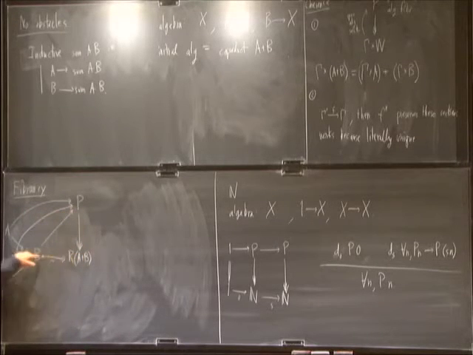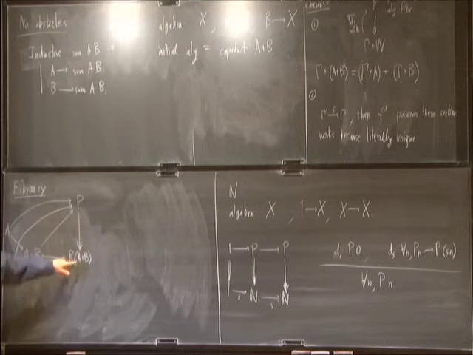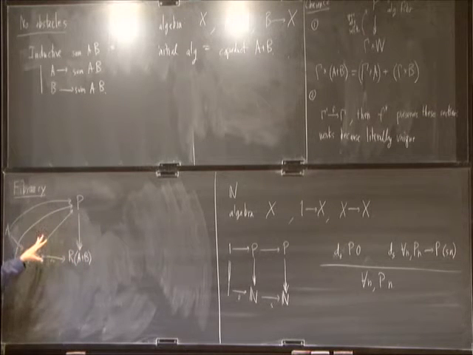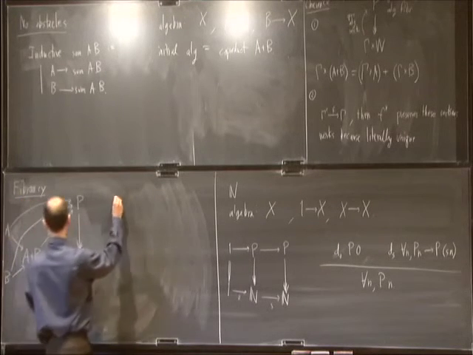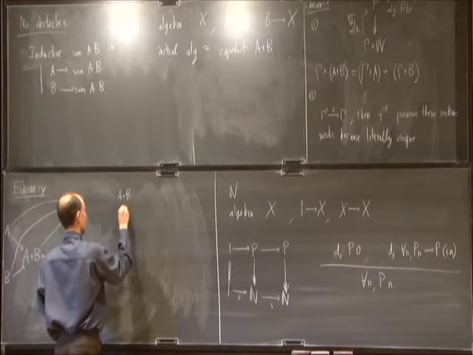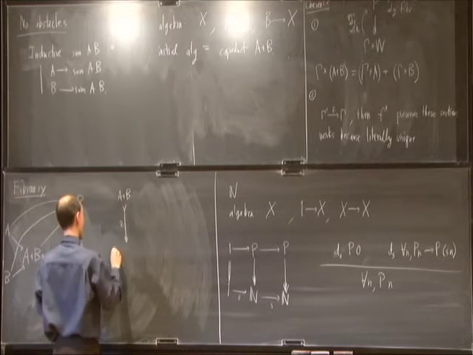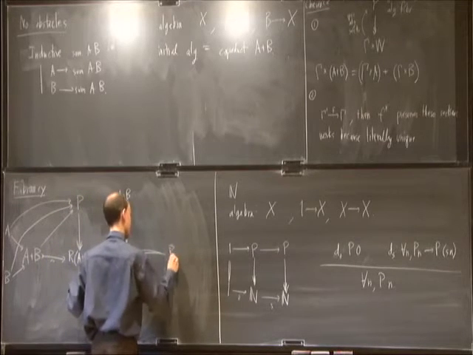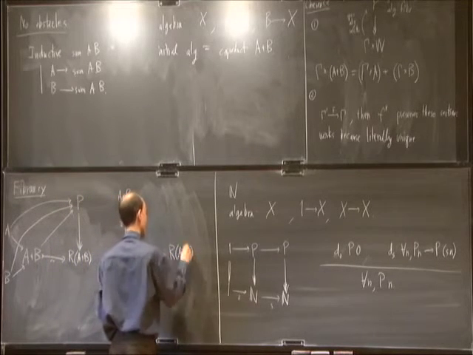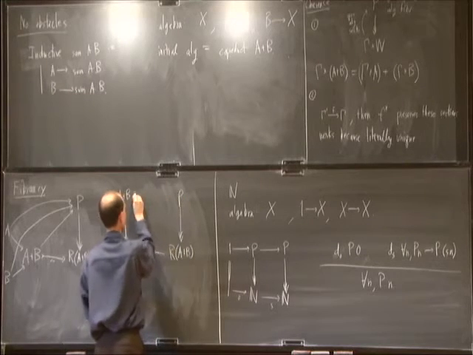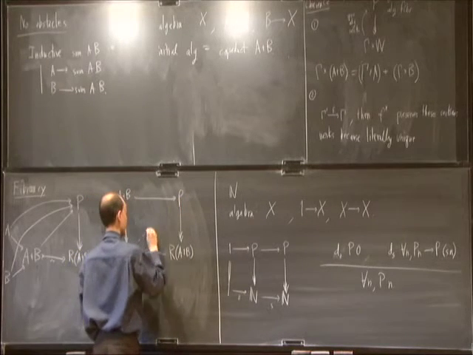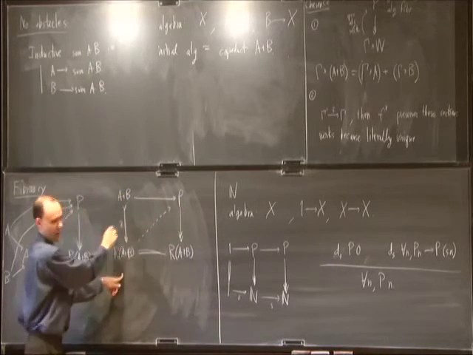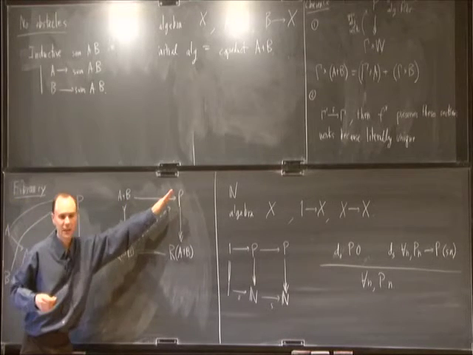Now if I reorganize this commutative triangle as a commutative square, then I can use the lifting property in a model category. I write it as A plus B mapping by a trivial cofibration into R of A plus B, and then the identity down here to R of A plus B. Here's my fibration into P. Because I have a fibration over here and a trivial cofibration over here, I have a diagonal lift.